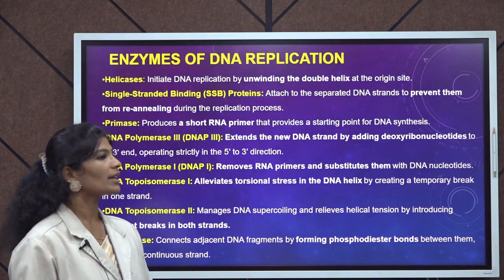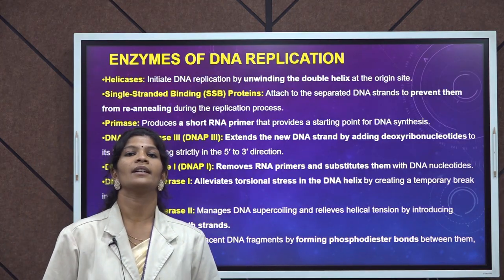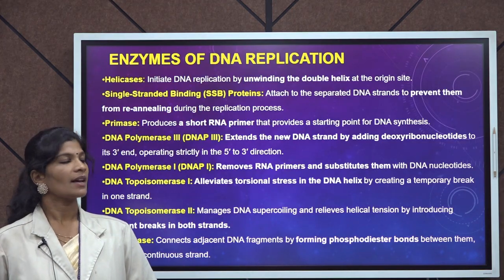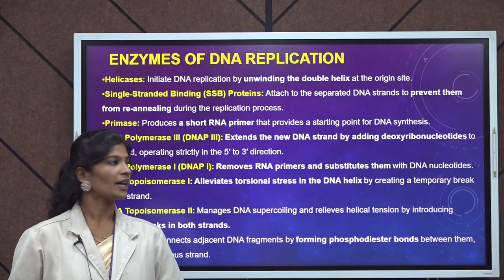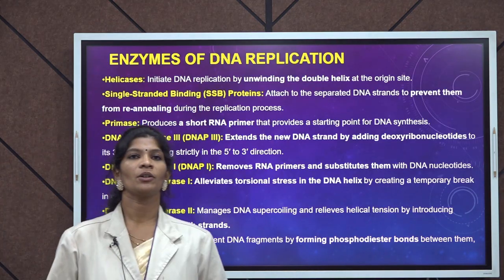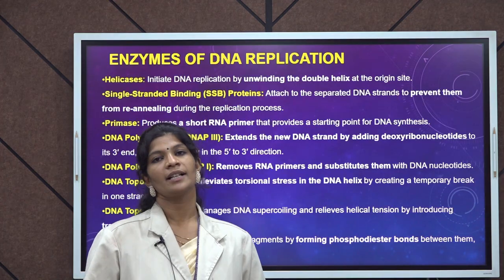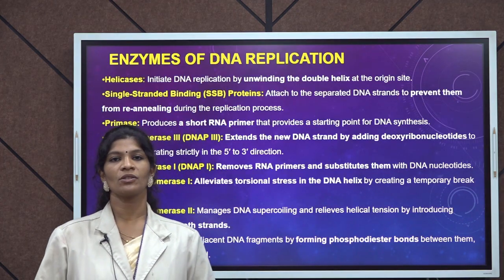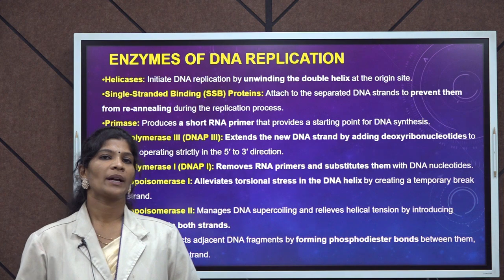DNA polymerase 1 is responsible for the removal of RNA primers and substitutes them with DNA nucleotides. DNA topoisomerase 1 and 2 help in preventing breakage of the DNA due to overwinding.